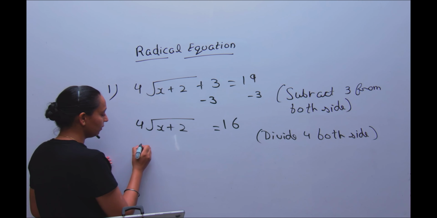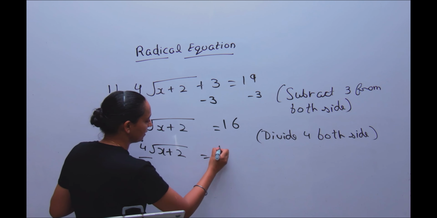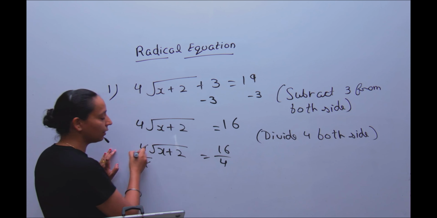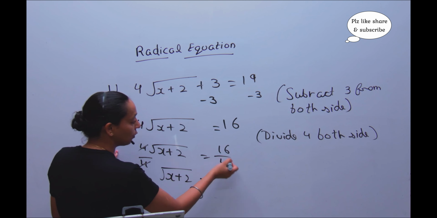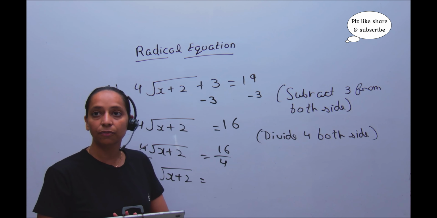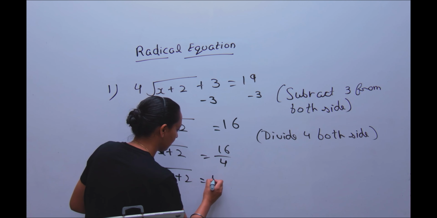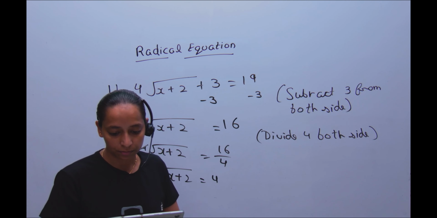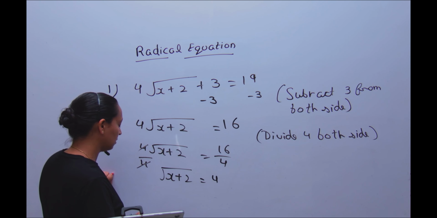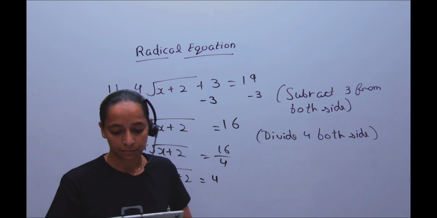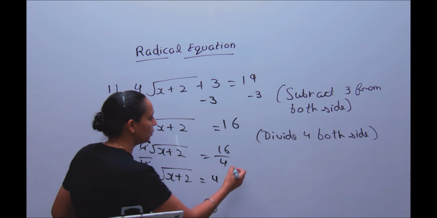When we divide 4 root x plus 2 by 4 and 16 by 4, these 4s cancel each other out. It becomes square root of x plus 2, and 16 divided by 4, four 4s are 16, is 4.